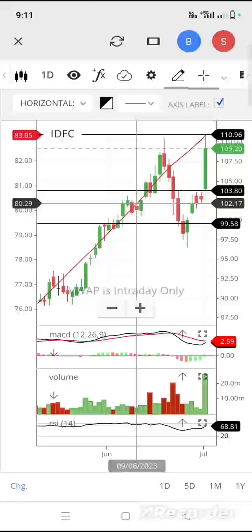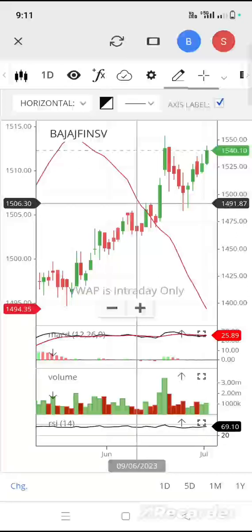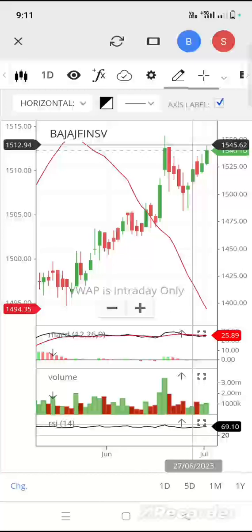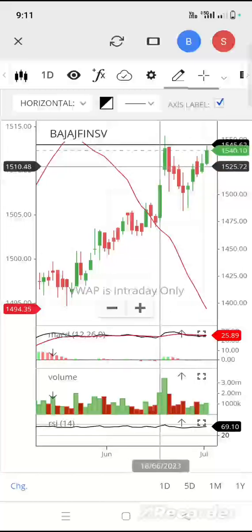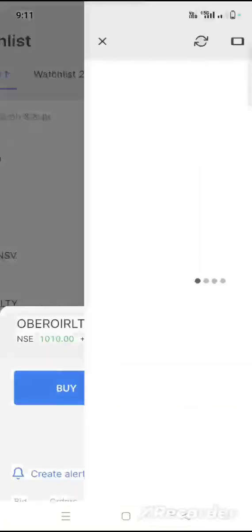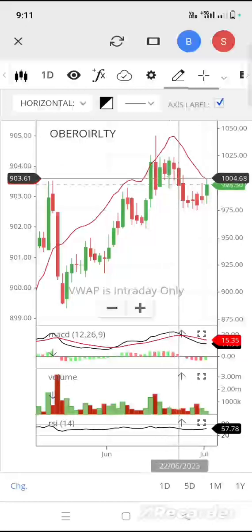I'll mark like this for all stocks, one by one. I'll complete this before 9:15.